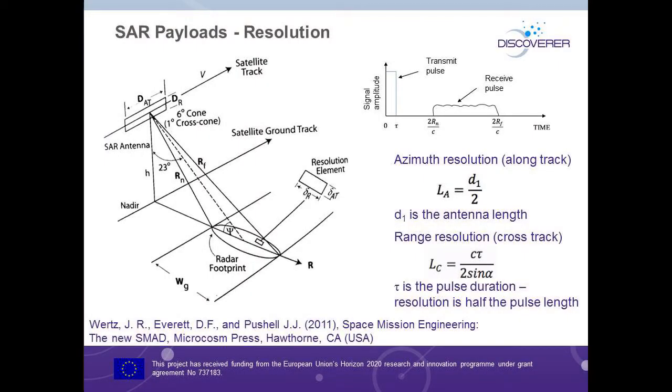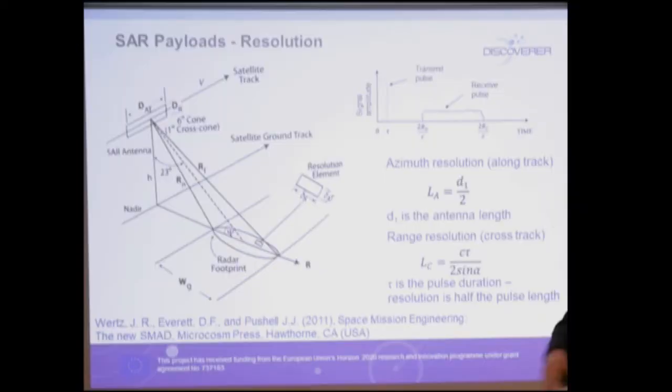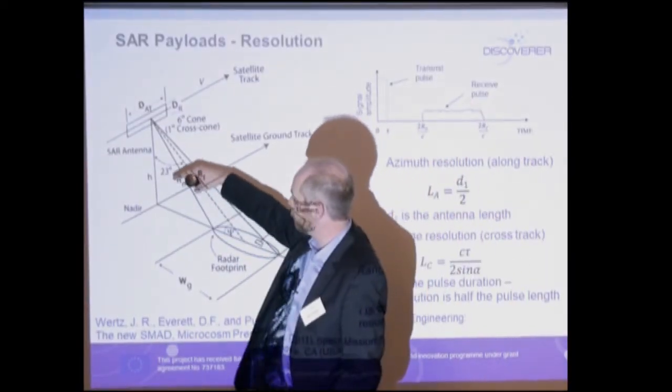Now, a little 101 about synthetic aperture radar, because you kind of need to do that to put things in context. And synthetic aperture radar is horribly counterintuitive, I find, which really doesn't help. So the key principle here is that you've got a radar antenna transmitting a pulse of radio energy. You're doing it off the nadir deliberately, because what you want is for that pulse to reach the ground.